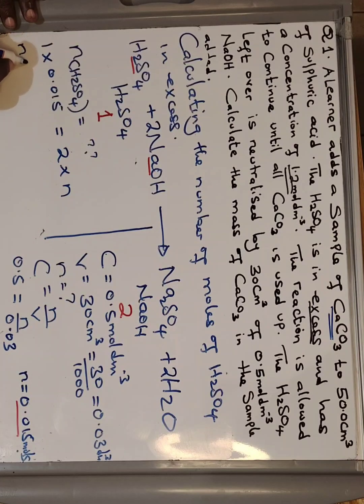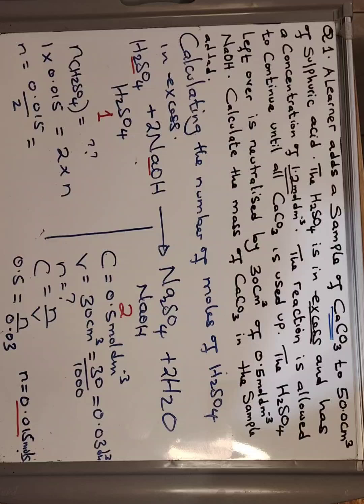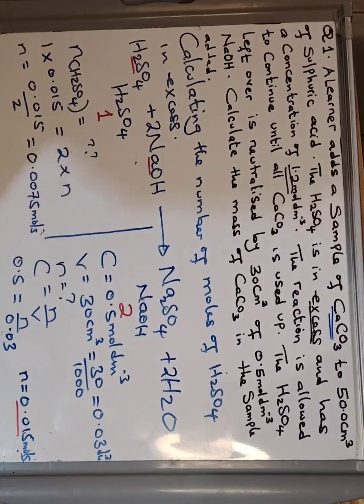So in this case, our n is going to be 0.015 over 2. And we get, so these are the number of moles we get, which is 0.0075. So what we have here are the number of moles of sulfuric acid in excess.